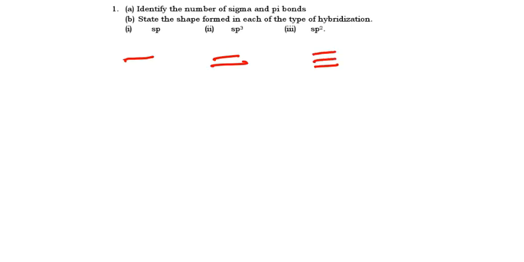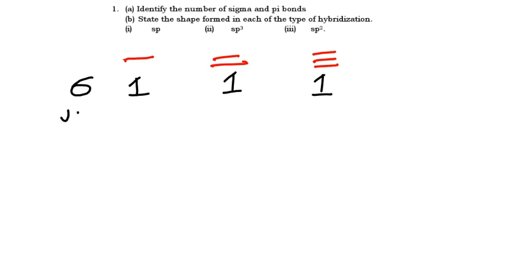In each of these, there is always a single sigma bond. So the first bond is always sigma.